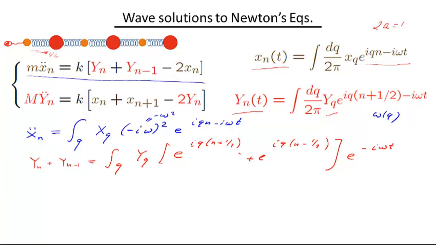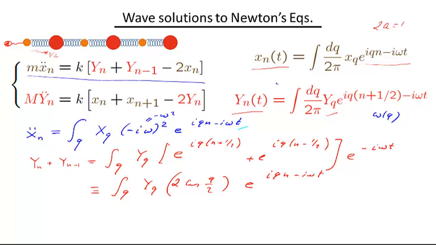Or I can factor out this e to the power i q n, and here I will have e to the power i q over 2 plus e to the power minus i q over 2. And this is proportional to the cosine. So I can write it identically as an integral over q, Y sub q, twice cosine of q over 2, multiplying the same exponential as in this term here.